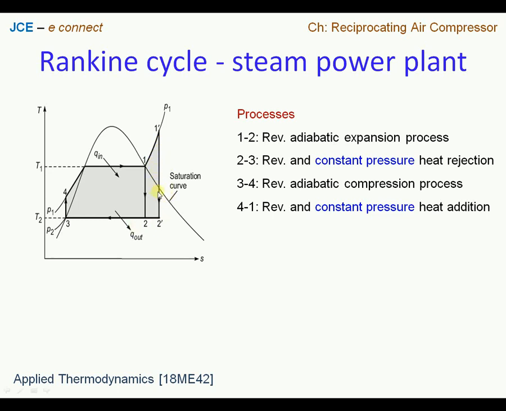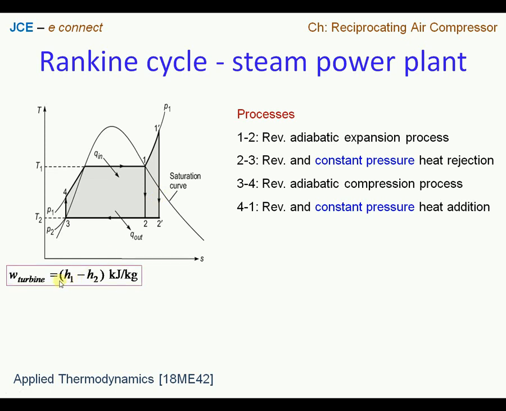Let us first take the work components, that is turbine work and pump work. Since the turbine and the pump are open type systems, one can apply the steady flow energy equation and represent the work quantities.